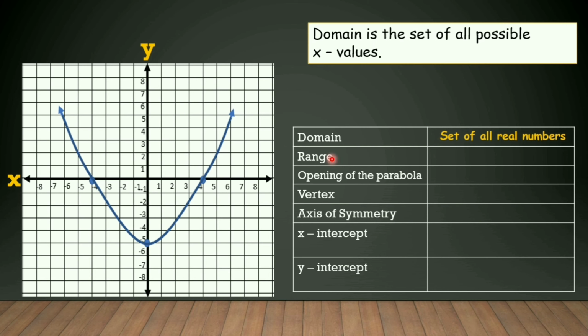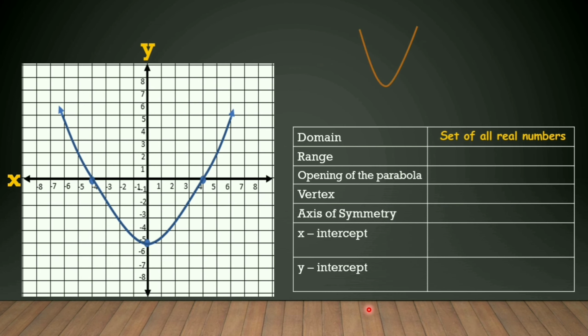Okay, next. Before answering the range, let us answer first the opening of the parabola and the vertex. Because from them, we can easily answer the range. The graph of a quadratic function has two different kinds: a parabola that opens upward and a parabola that opens downward. In this example, as you can see, our parabola opens upward. Next, let's answer the vertex.